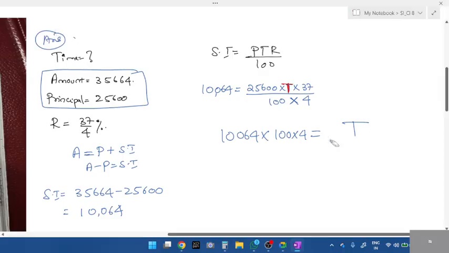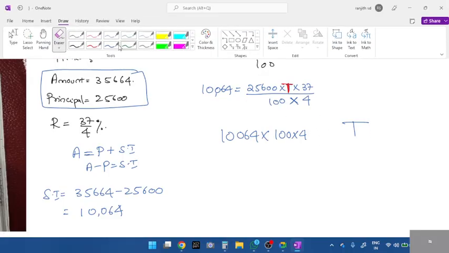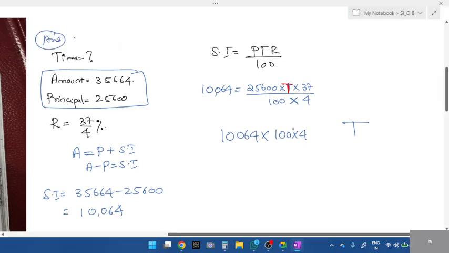What about 25,637? It's there in the numerator. And if it goes to the denominator, tell me, along with t, the other values will get divided, right? Yes. Calculate this. This is how you find t. Is this clear? Did you understand? Yeah, complete it. Find time.